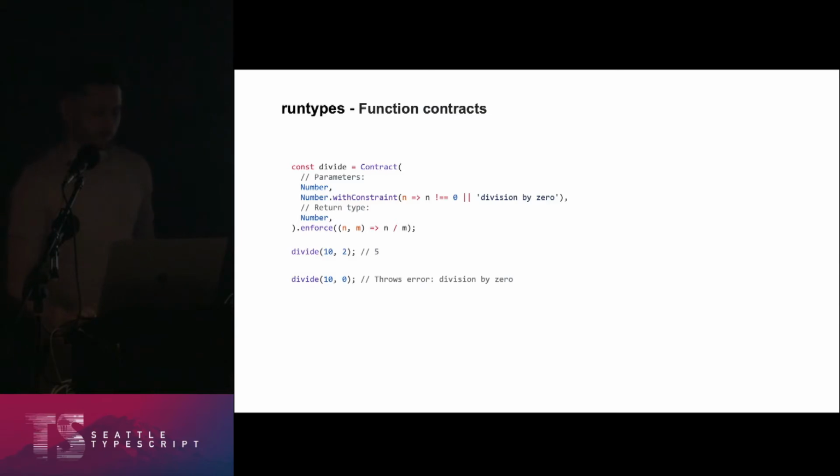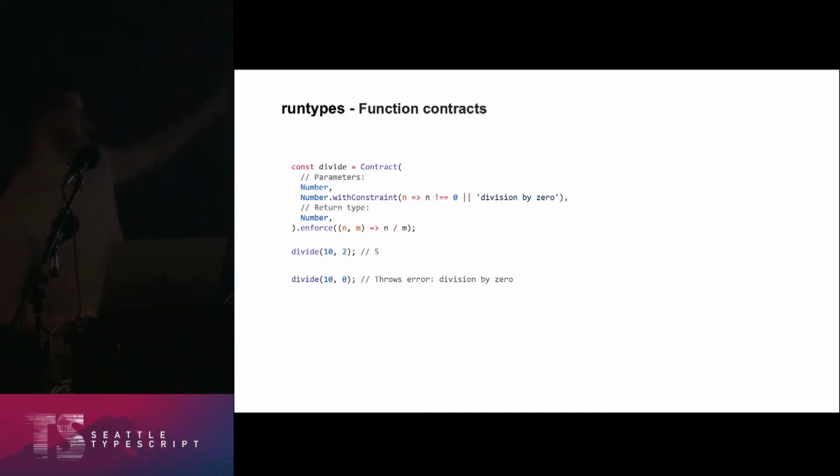Another one is function contracts. So again, contract will... I don't know if that's a run type. I guess it is, but yeah. So you want a function that will only accept a certain type of run types as their parameters.